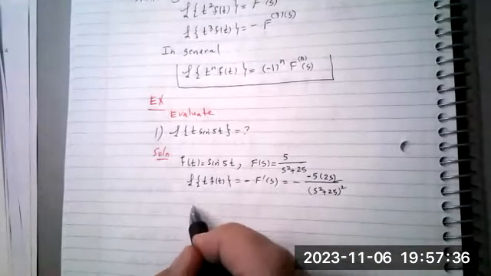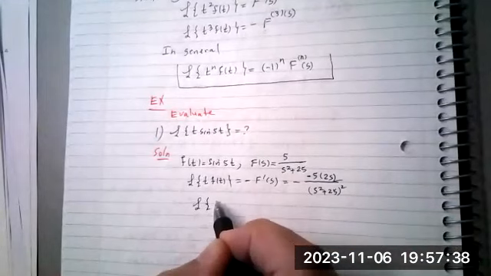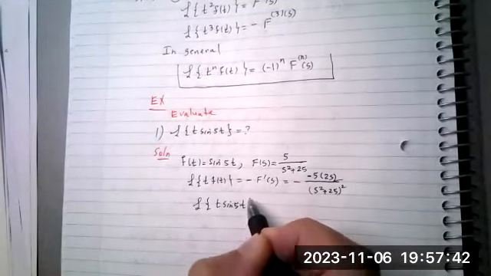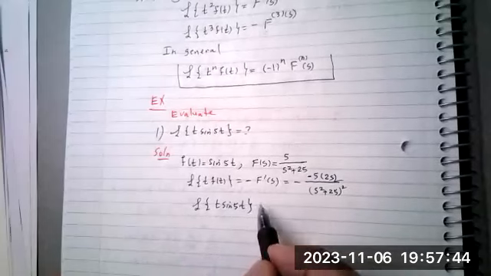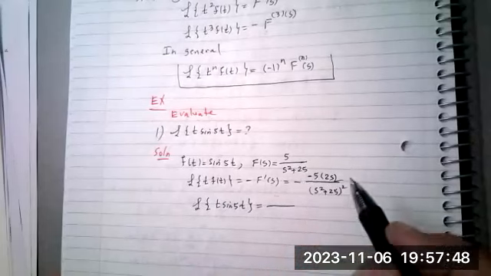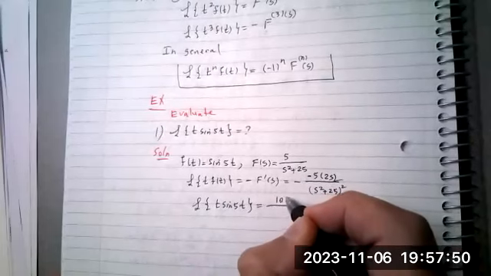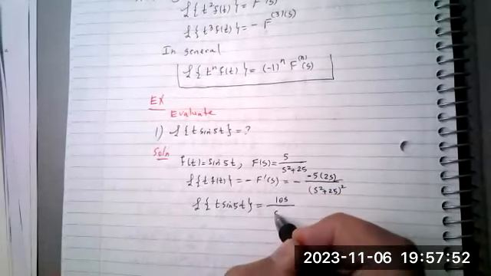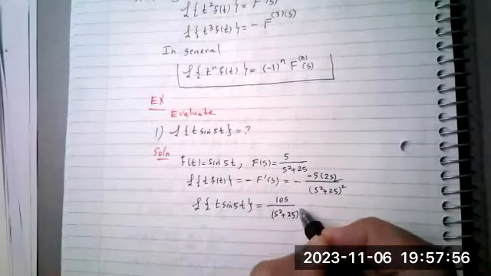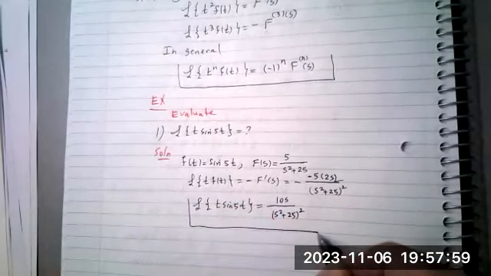So the Laplace transform of t sine of 5t is going to be equal to, we have a double negative, which makes it positive, so it's going to be 10s over s squared plus 25 all squared. And then you're done.